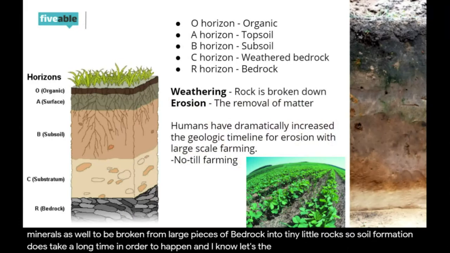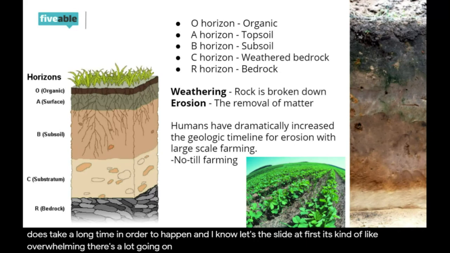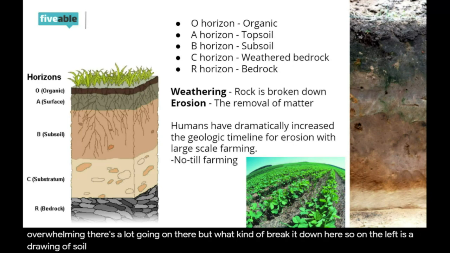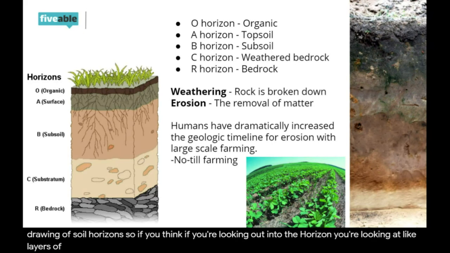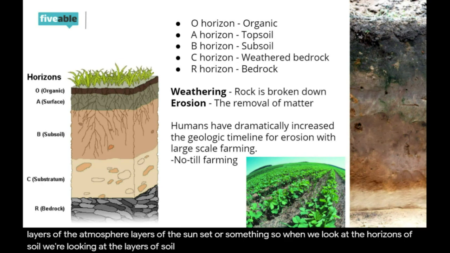And I know the slide at first is kind of overwhelming. There's a lot going on there, but we'll break it down here. So on the left is a drawing of soil horizons. If you're looking out into the horizon, you're looking at layers of the atmosphere, layers of a sunset or something. So when we look at the horizons of soil, we're looking at the layers of soil.